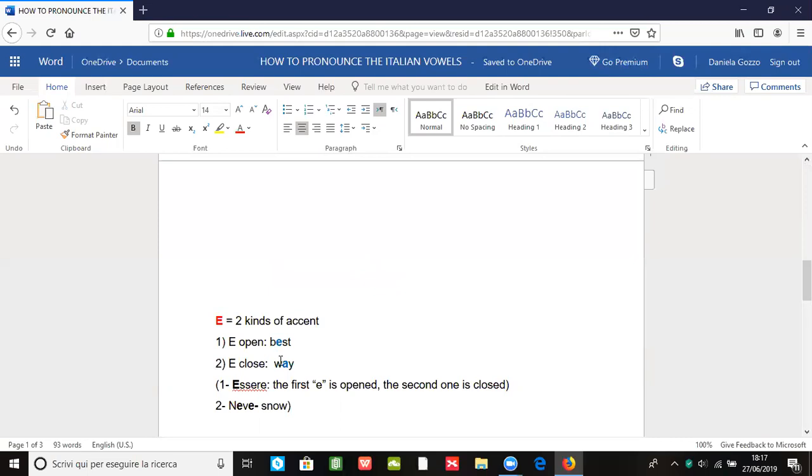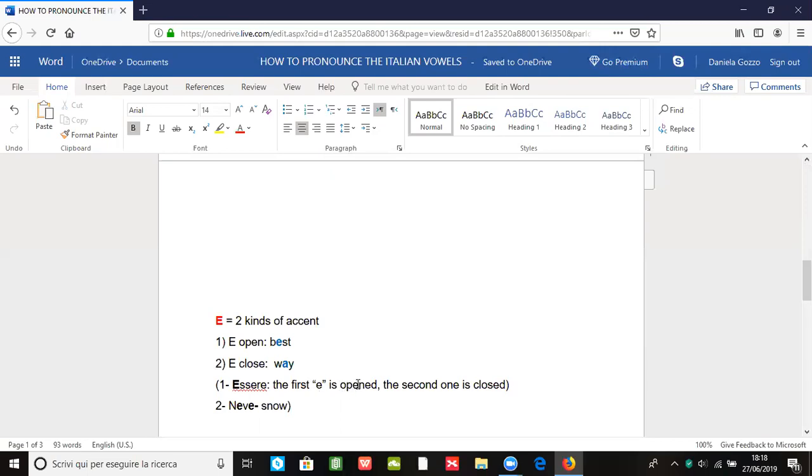Best, way. The Italian word, one can be for the open E, is the verb to be, essere. The first E is open, then the second and the third are closed. Okay, so we have one word with the two sounds.